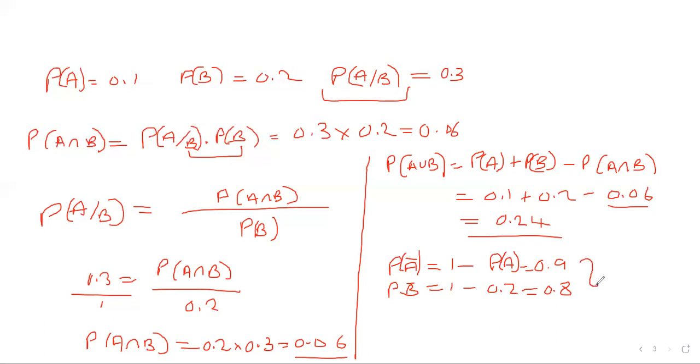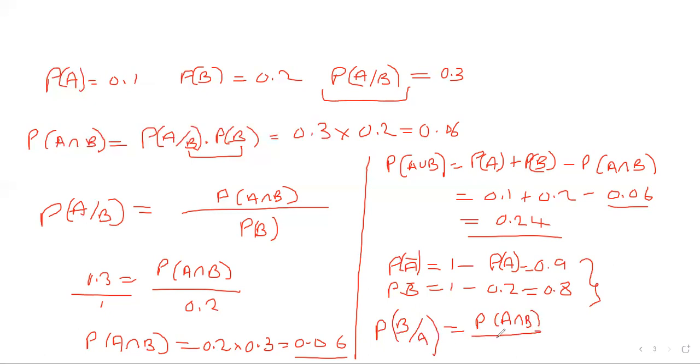Now, suppose you're asked to find the opposite probability of B given A. Can somebody expand this for me? What's the probability of B given A? A intersection B. We usually start with the letter which comes first in the alphabet. You can even put B intersection A, it's also the same.